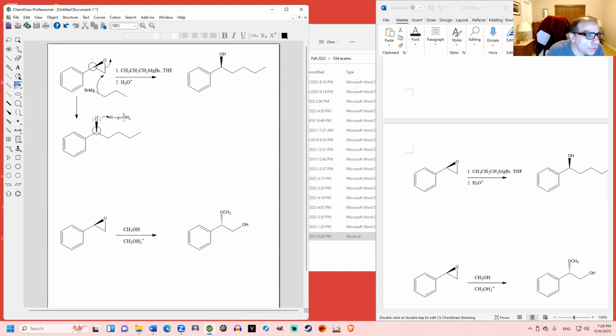So in the next step, we just draw the hydronium and we show it protonating the O-. And that gives us the product.